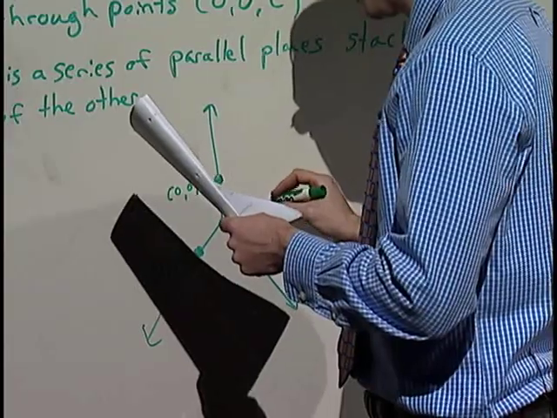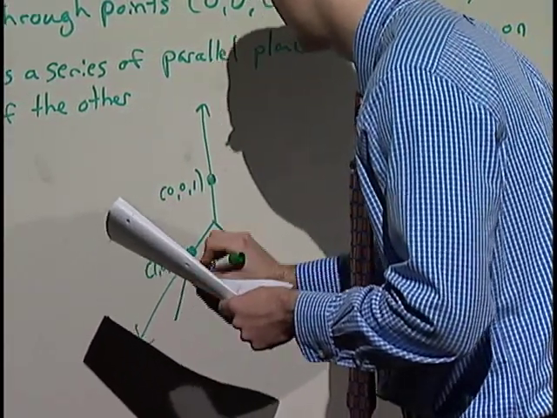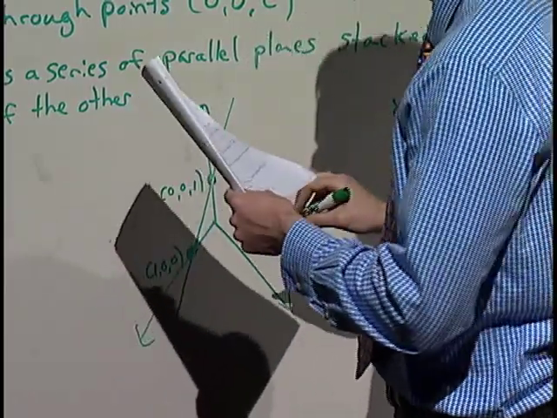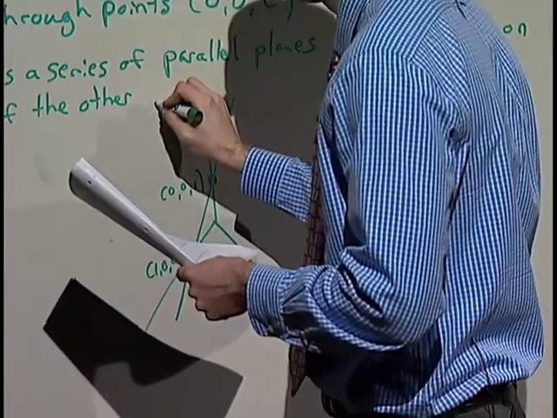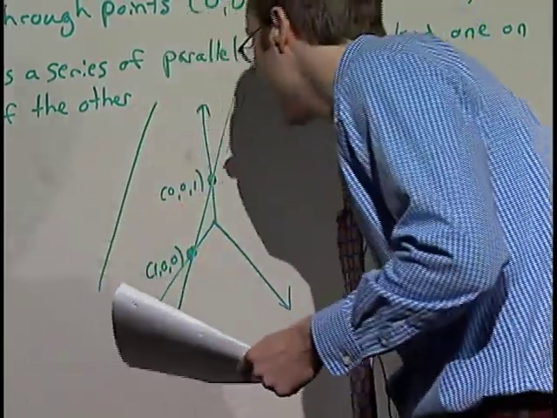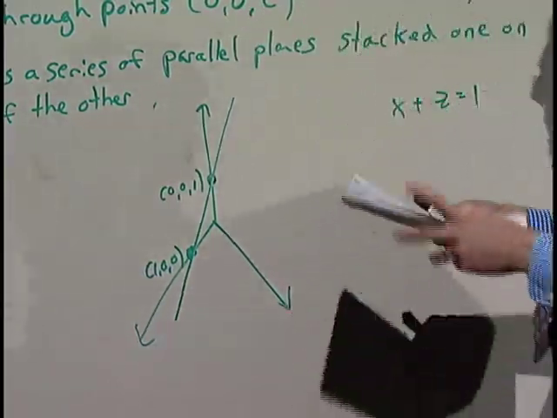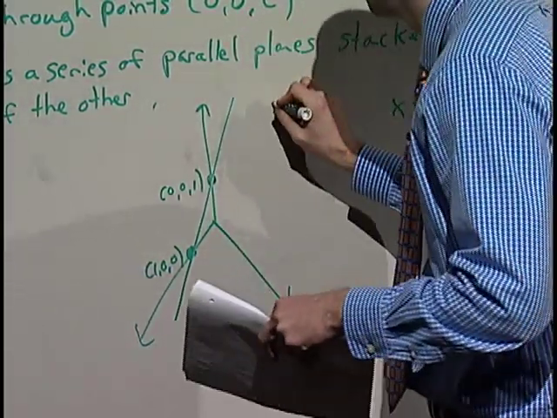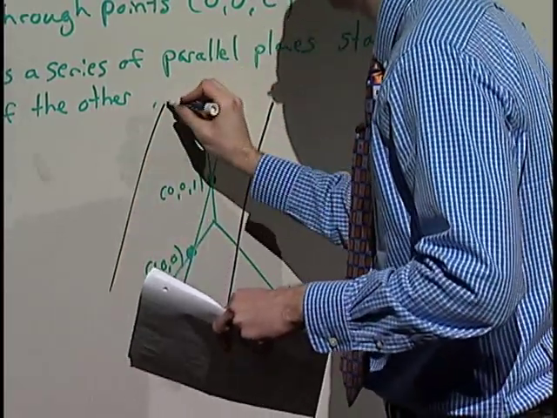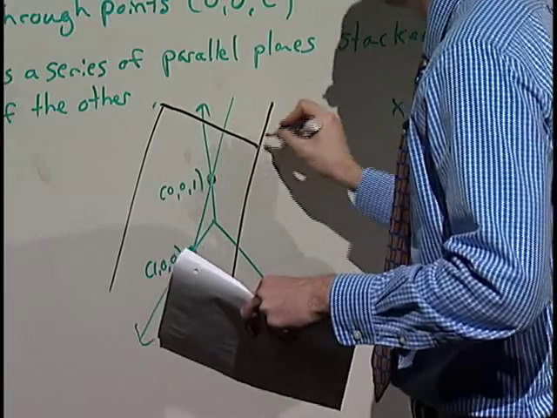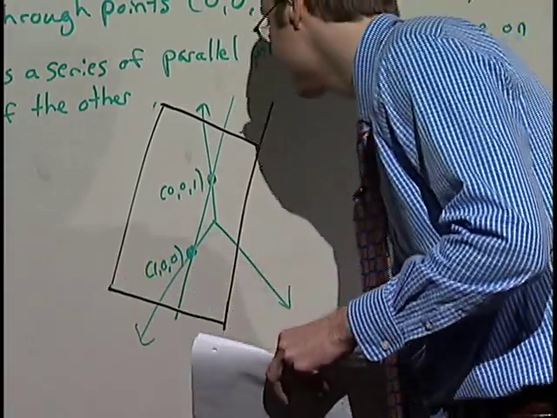My plane's going to look like how? I can connect those two points up with a line like that. And my plane's going to have one of its sides parallel to that line. We're going to go to more than one color here to make this look better. So one of my sides is parallel to that line. The other side is parallel to the y-axis, right?